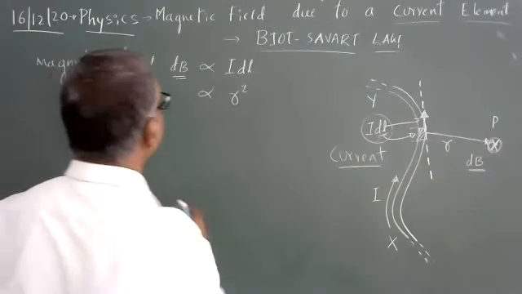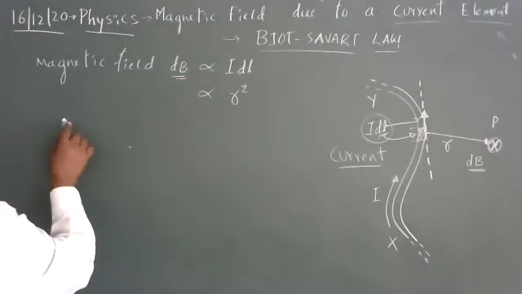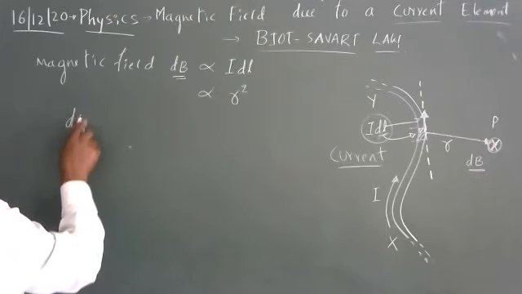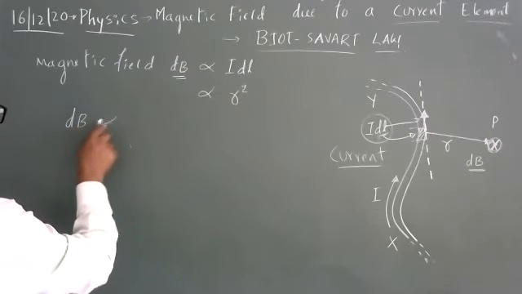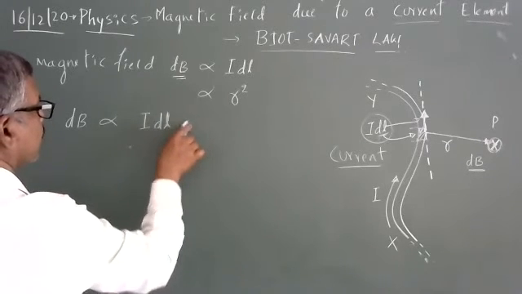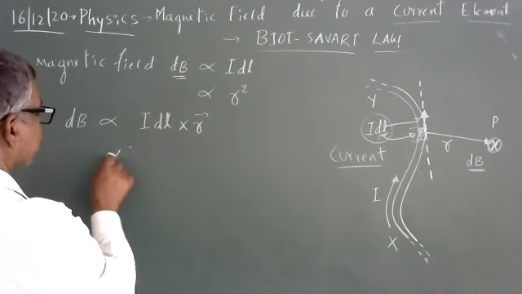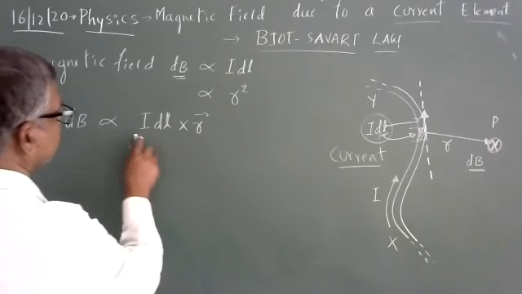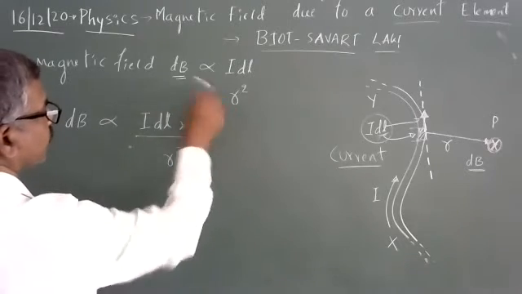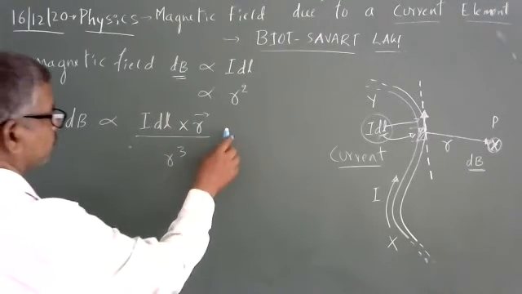But this magnetic field is a vector physical quantity, so I'll write it in this fashion: dB is directly proportional to the cross product I dl cross r, and inversely proportional to r cube in the denominator, to satisfy the mathematics, since the r square dependence is already taken. This is going to be a vector.